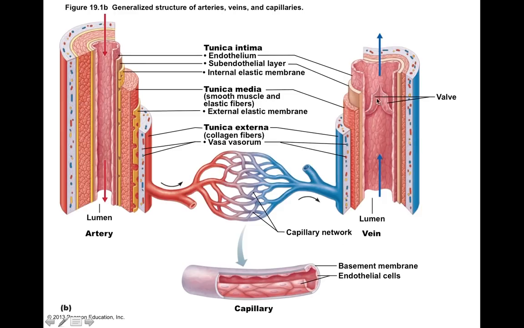So if you see a valve in a vessel, it's either a vein or a lymphatic vessel. But here we're talking about blood vessels, so we can assume that it's a vein. The function of these valves, like in the lymphatic vessels we talked about earlier, is that they prevent backflow of blood. And it makes sense because veins are a low pressure system, so it prevents blood from pooling in your legs.